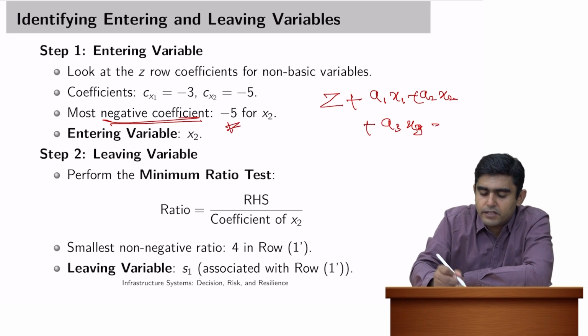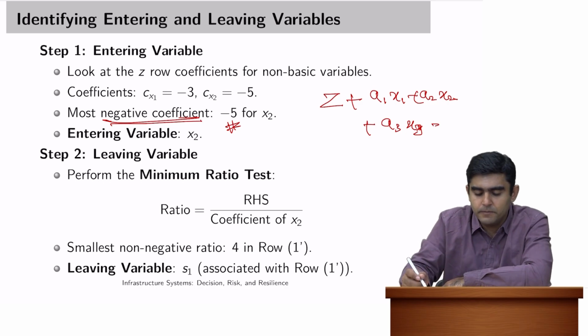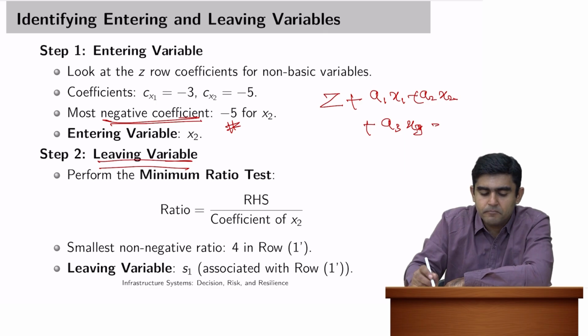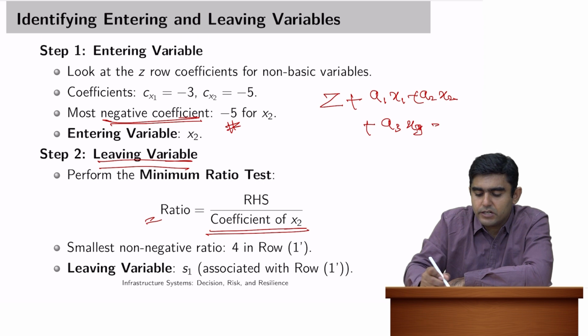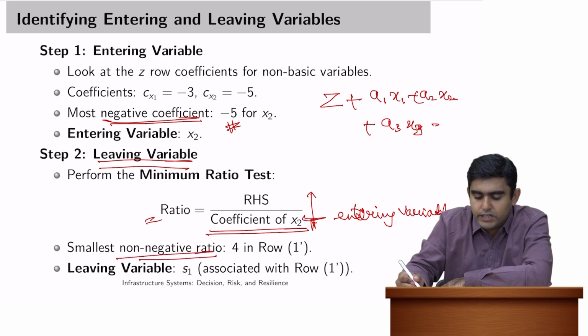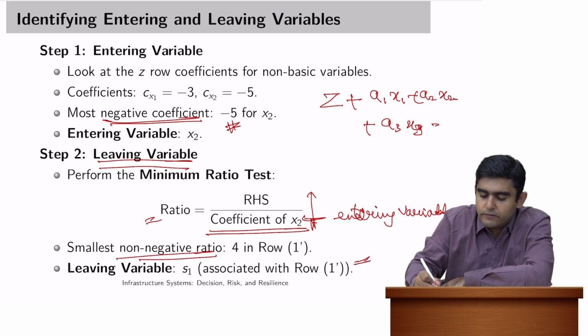So in this case, minus 5 is going to be the entry variable, and we will decide the exiting or leaving variable by looking at the ratio of RHS to the coefficient of x2, which is the entering variable in this case. And the one with the smallest non-negative ratio would be the first one to leave, and in this case s1 will leave our solution.